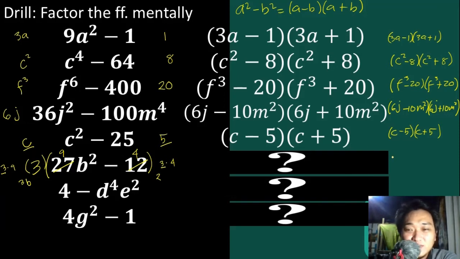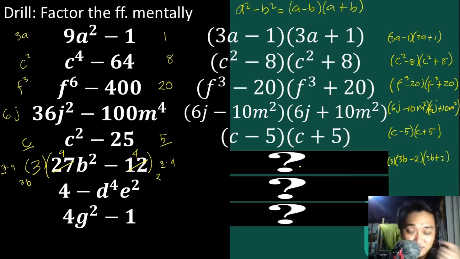Unahin mo lagi, huwag mo kalimutan isulat yung greatest common factor, which is 3. And then, try to figure out kung ano yung magiging factor ng the difference of two squares natin. So, in this case, your A term is 3b and your B term is 2. So, therefore, you have 3 times the quantity 3b minus 2 times 3b plus 2.